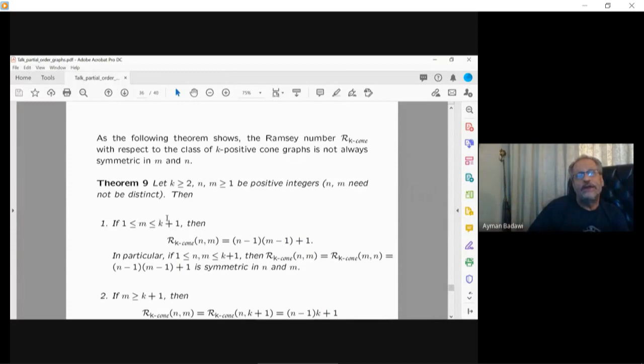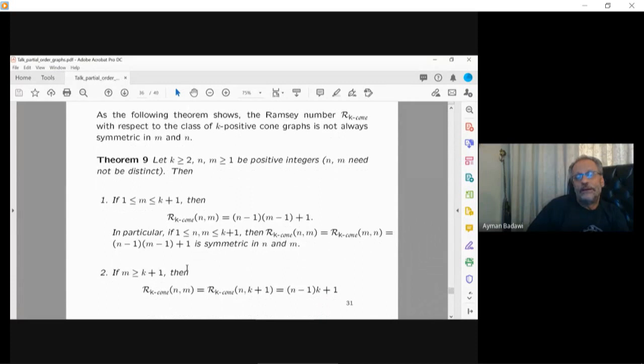So if k is 10 and you choose m between 1 and 11, then the Ramsey number will be the same formula. As you see, if m is bigger or equal to k plus 1, then, as we expected, we can have a smaller number, and the Ramsey number will be this.